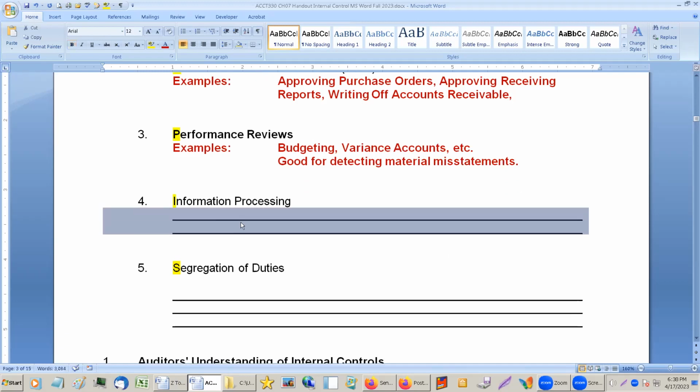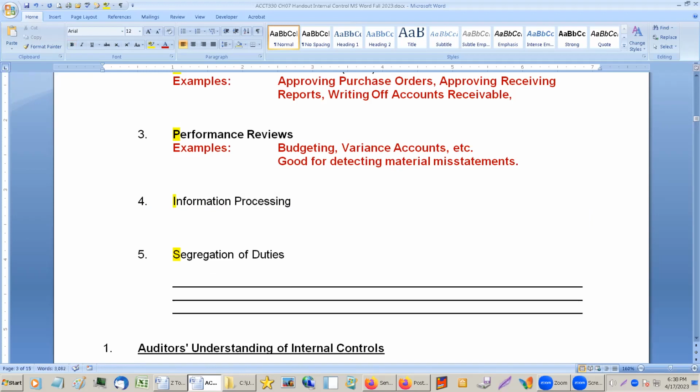Information processing. This is one we're all familiar with. We do it every day.